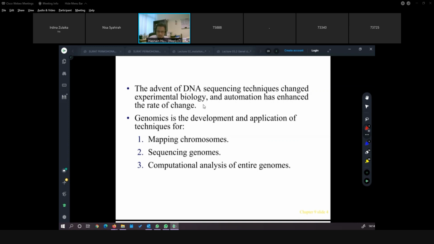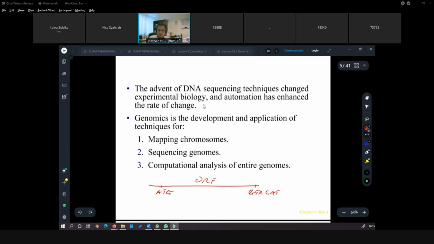Just imagine, before, during a certain time, when you studied one gene only, you remember a gene consists of, for example, a start codon, ATG, and then it ends with a stop codon, for example, GTA or GAT. And all these make up the open reading frame.